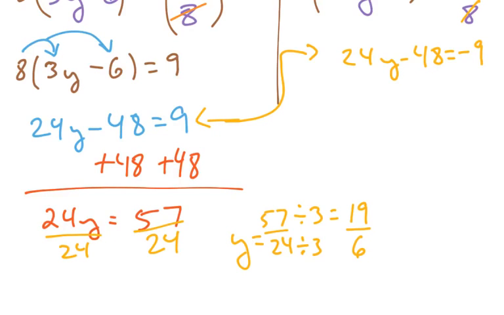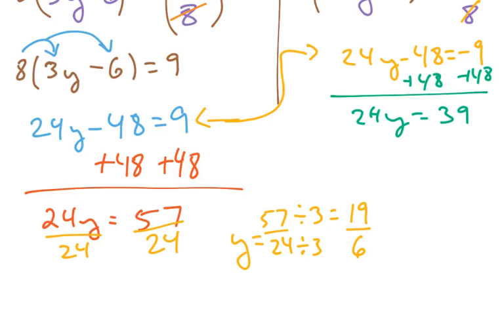From here, same thing, I'm going to add 48. So this is going to be 24y equals 39. And then to finish it off, we're going to divide by 24. So y is 39 over 24. I think both of these are divisible by 3 again.